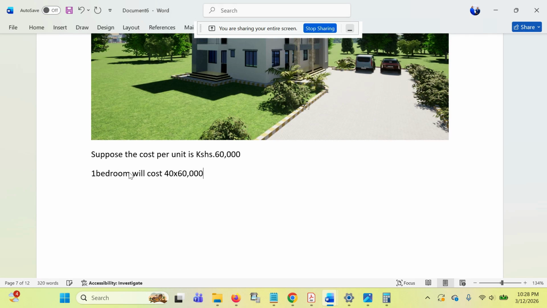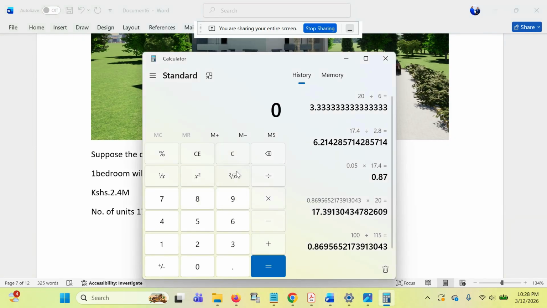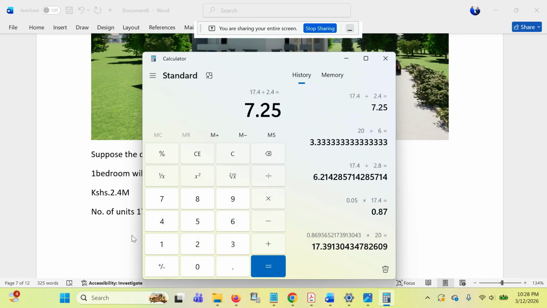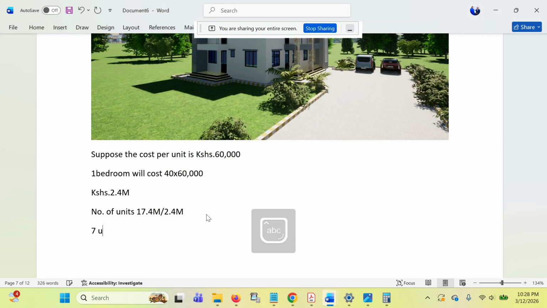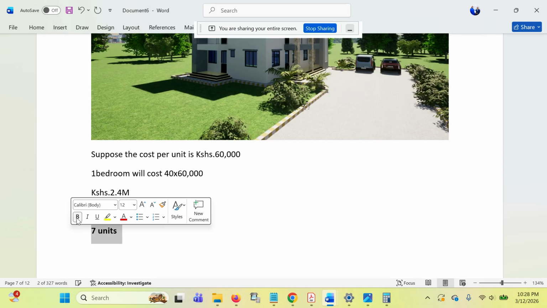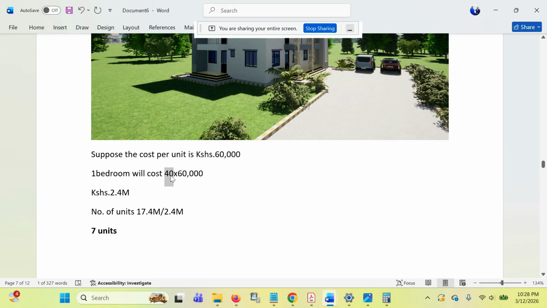One bedroom will therefore cost 40 by 60,000, so that would be Kenya shillings 2.4 million. The number of units would now be 17.4 million divided by 2.4 million, which gives us 7 units.